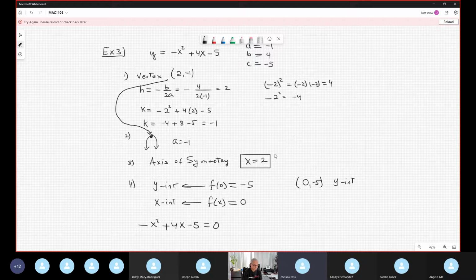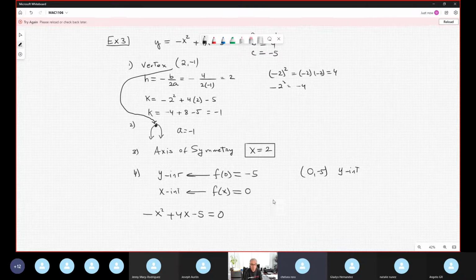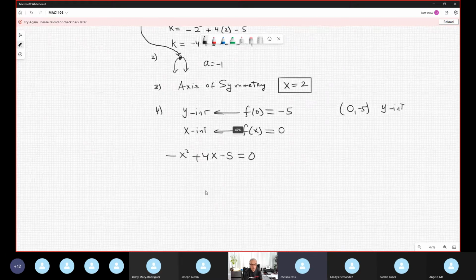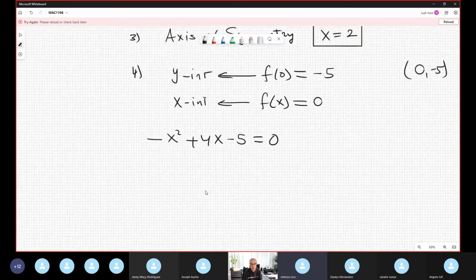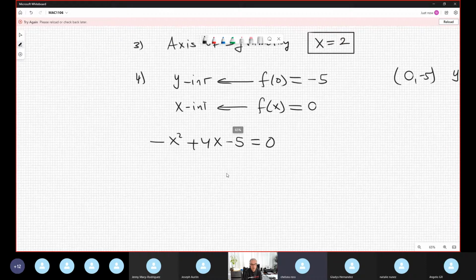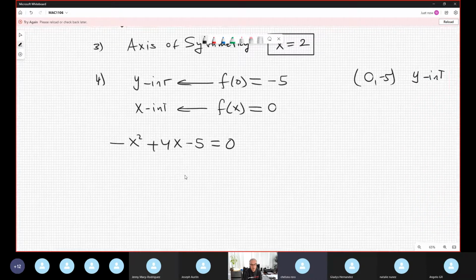Let's do it. I propose always using the quadratic formula, no? But in this case, it's nice. I personally don't like this negative in the front, so you multiply the entire equation by negative 1, and you convert it like that: x squared minus 4x plus 5 equal to 0.